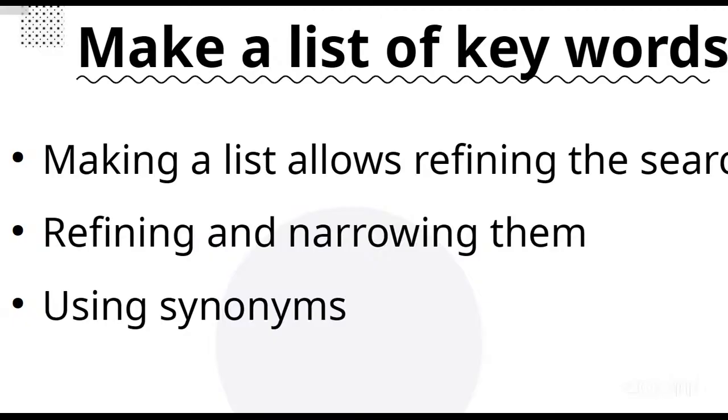Then you try to refine those words. You can find synonyms, for example, health or well-being. Similarly, exercise, endurance. So you can expand based on these keywords to refine your searching.